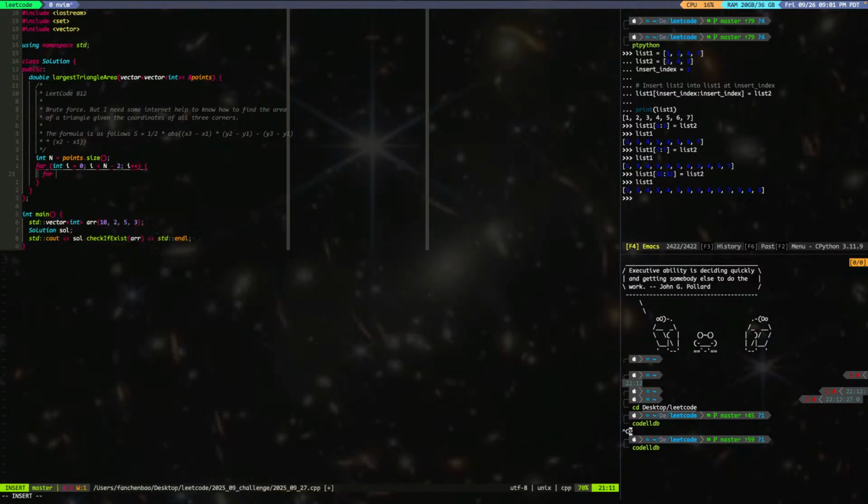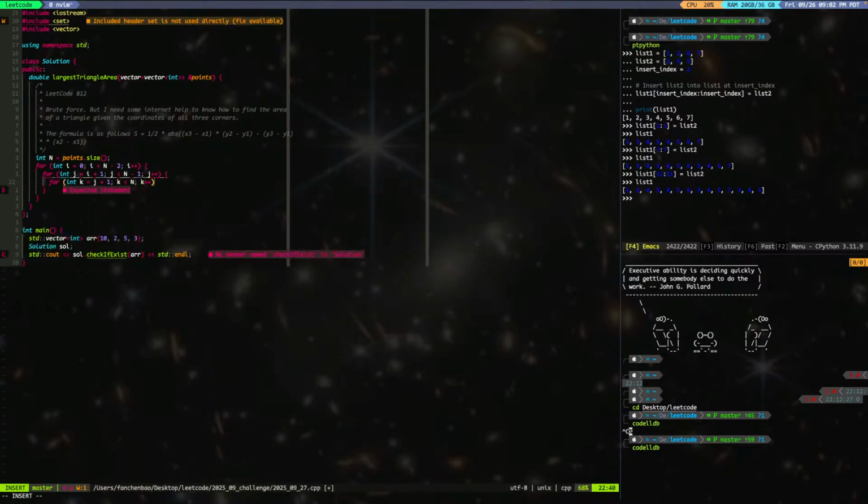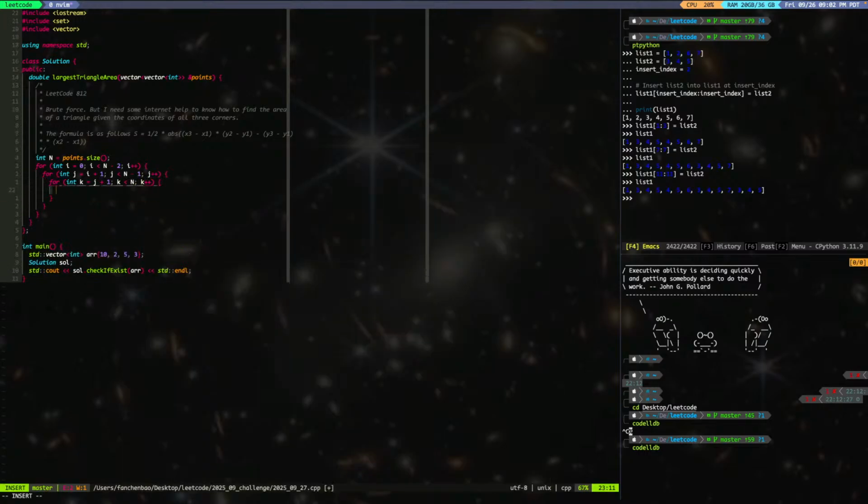That's the first one. For int j equal to i plus 1, it cannot be i, j smaller than n minus 1, j plus plus. That's the last one. For int k equal to j plus 1, k smaller than n, k plus plus. Alright, now I've got all three.